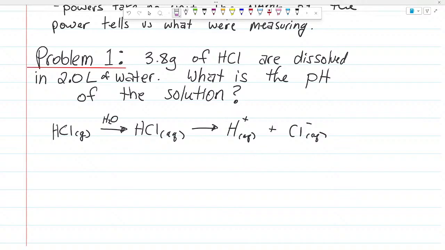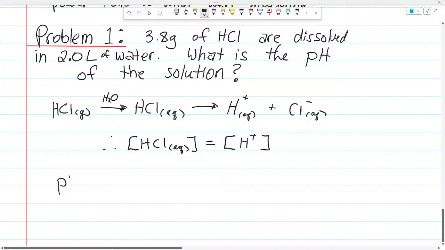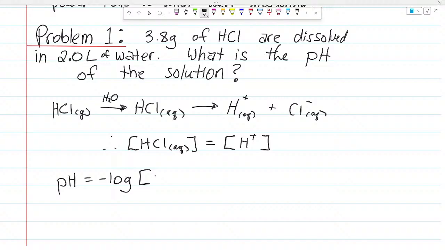So if we know the concentration of aqueous HCl, then we know the concentration of H plus, which is in the end what we care about, because pH is just going to be the negative log of the concentration of what? pH is the negative log of the concentration of H plus. Very good. So what do we get for that?